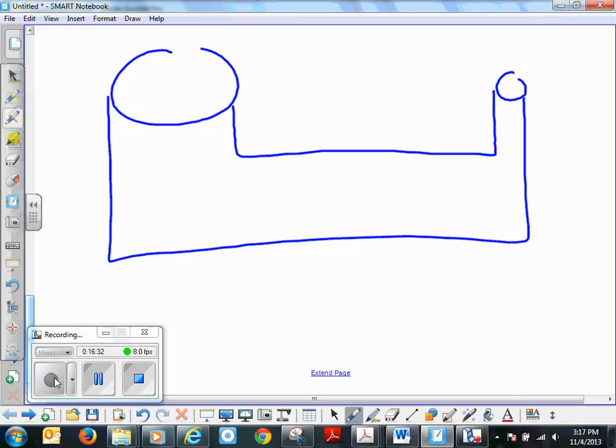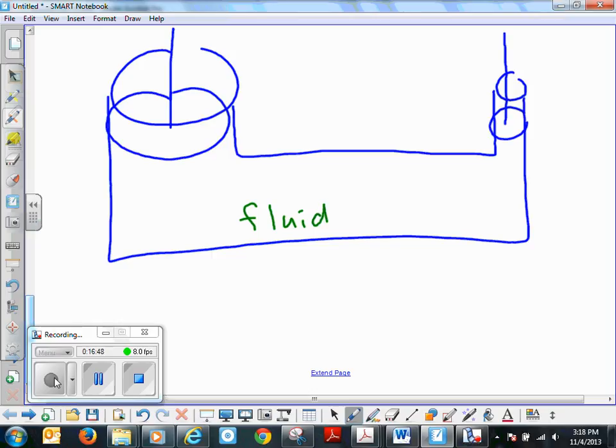So we have this piston in here, right? So this circle, this is a hydraulic system. This is a fluid inside here, but it's more than a fluid, it's a liquid, because gas is fluid too. Liquids are not compressible, gases are. That's why this fluid has to be liquid.